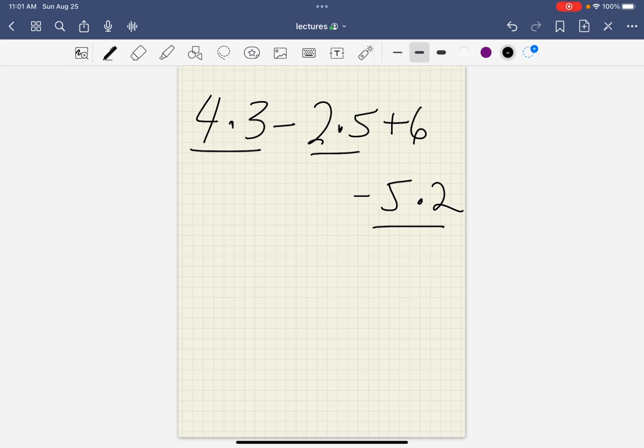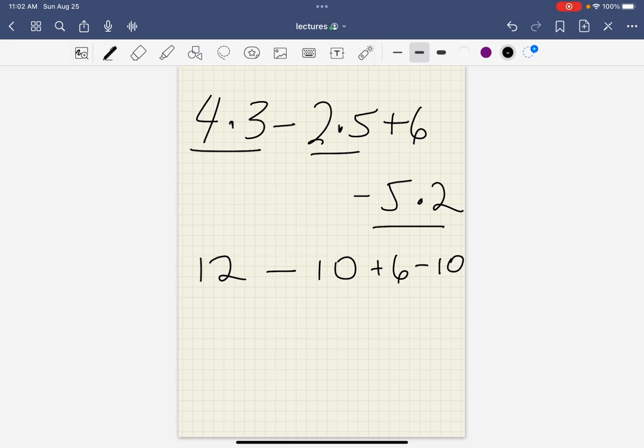So 4 times 3 is 12. And negative 2 times positive 5 is, negative times positive is negative, 2 times 5 is 10. Bring down the 6. It's not being multiplied by anything. And then negative 5 times 2 is negative 10. So just be super careful that you're not trying to add something before you do all of your multiplications.